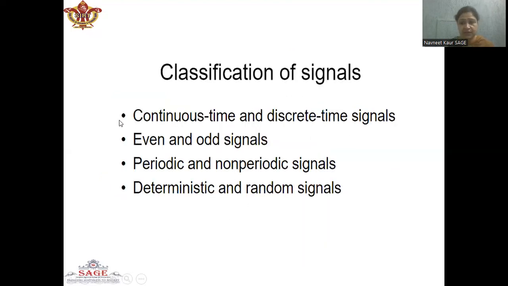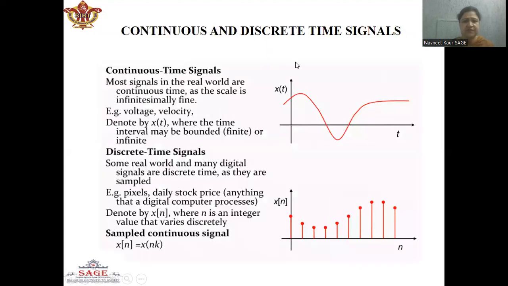Now, coming to the classification of signals, signals can be classified as continuous time and discrete time signals, even and odd signals, periodic and non-periodic signals, and deterministic and random signals. First we will see continuous and discrete time signals.